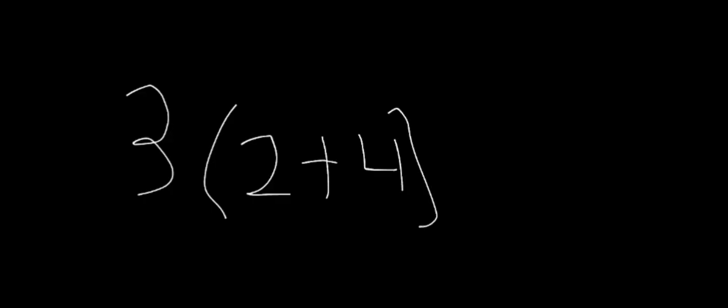The 3 acts as a magnet and pulls in each term inside the parentheses. So the 3 pulls in the 2 and multiplies, getting 6. And the 3 also pulls in the 4 and multiplies, and that becomes 12. Added together, that equals 18. And that's basically what you're doing to distribute.